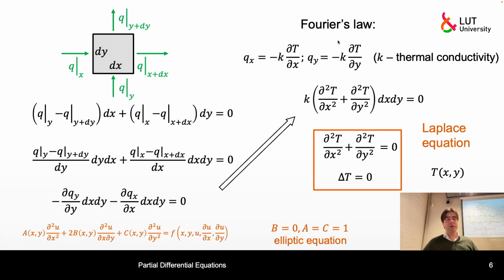And in the simplest form, which is actually used in like 95% of engineering tasks, this simplest Fourier's law for isotropic material. So this quality of the matter is described by thermal conductivity, this K coefficient.